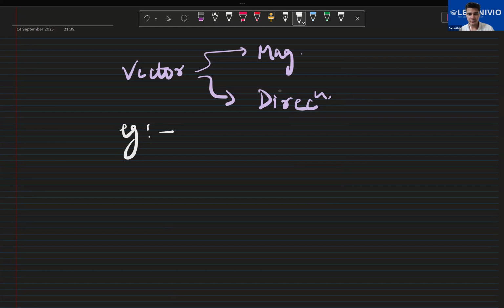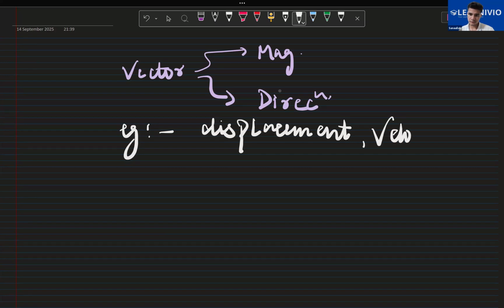Displacement. What else? Velocity. Anything else?